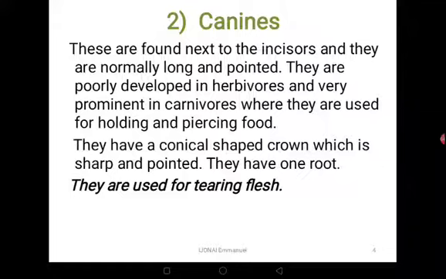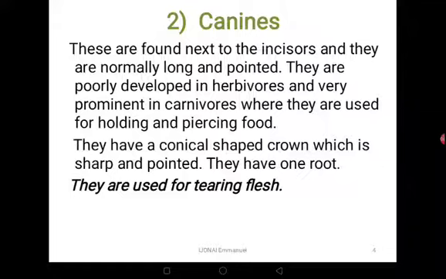They are usually used for holding and piercing the prey or the food that they feed on. So when you look at the canines, you realize that in some organisms, for example the herbivores that feed on plant matter, the canines are poorly developed. In the carnivores, those that feed on flesh and meat, the canines are well developed, usually for tearing the food, piercing and holding.